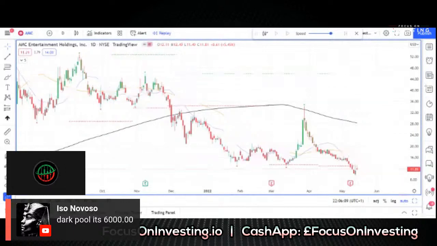Who would pay $6,000 for a stock that can be bought for $11? Think about that. What is the value of the stock? If we're saying the dark pool is worth $6,000, or I can buy it on the open market for $11, what is the value of the stock?